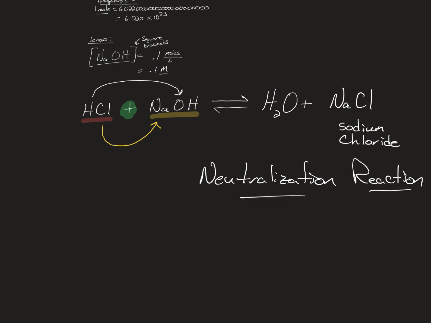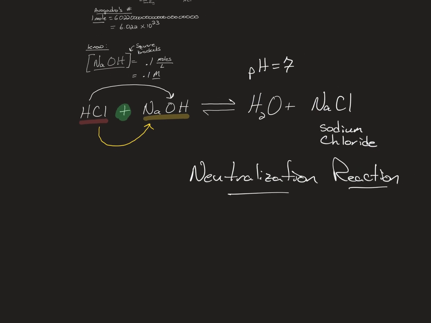Here the OH and H are equal, so this is a pH of 7. Acid has a very low pH. Base has a very high pH. The two come together and form a neutral pH of 7. That's why it's called neutralization. Are we good? We understand each other? That's the reaction you're going to do.